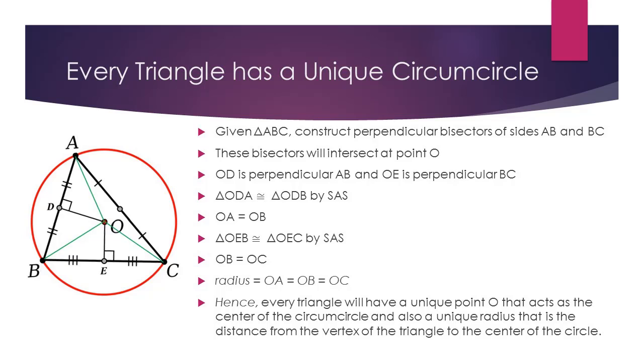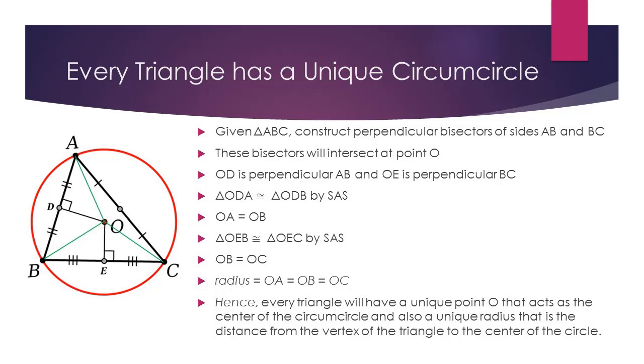We can also say that OE is reflexive to OE, and the length of side BE is equal to the side EC, since this is a perpendicular bisector, and also that OEC has a measure of 90 degrees, and the angle of OEB also has a measure of 90 degrees. So we can also use side angle side to prove that these two triangles are congruent. Once we have proved these triangles are congruent, we can also say that OB is equal to OC.